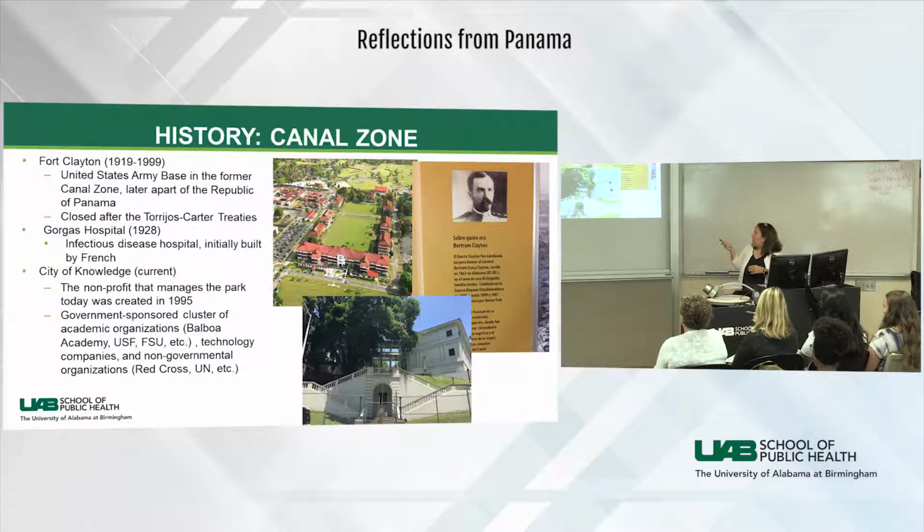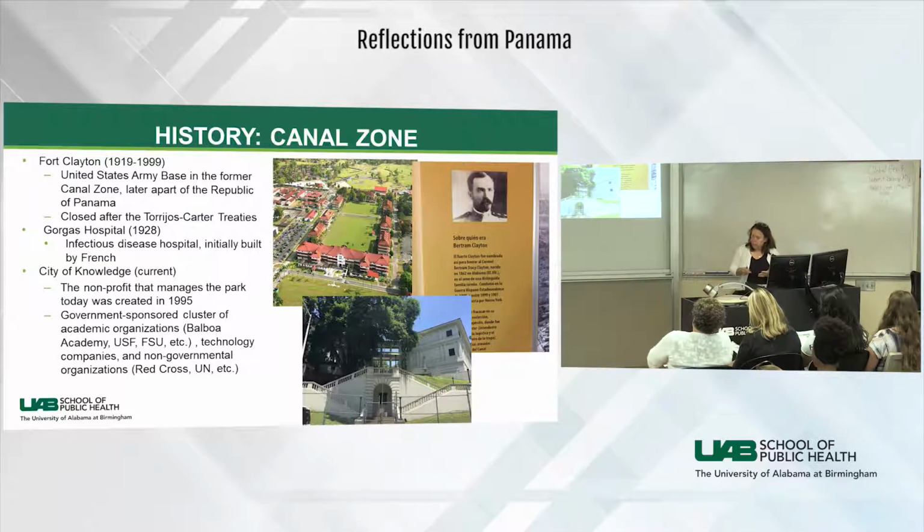Currently, the City of Knowledge is actually in the location of where Fort Clayton was, and it is a nonprofit park. The businesses and organizations that are there are numerous. We have government-sponsored or academic organizations such as the Balboa Academy, USF, and FSU. There's technology companies.